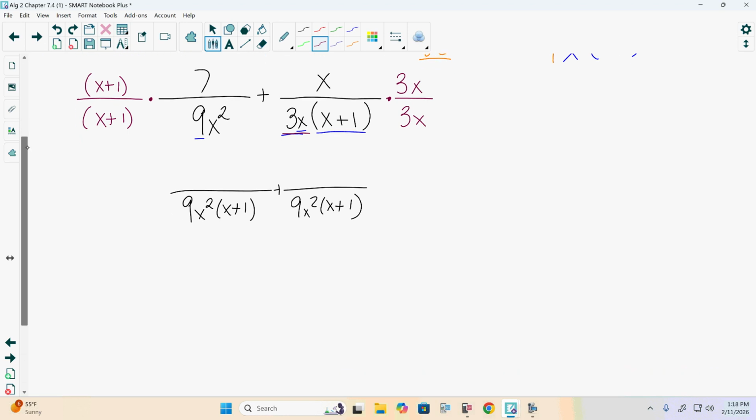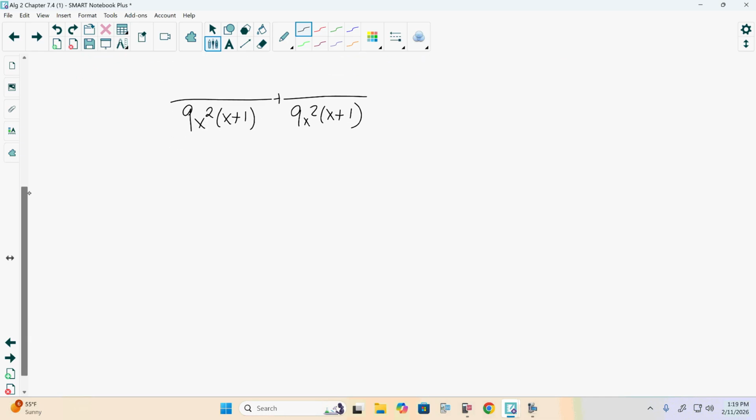So we multiply the denominators. X plus 1 times 9x squared is going to be 9x squared times x plus 1. There's no reason to multiply through and actually distribute it out, because if there's something in common on top and bottom, especially at the end, we need it to be factored. And the nice thing with addition and subtraction is once the denominators are the same, we add or subtract the numerators, and the denominator just becomes that expression.